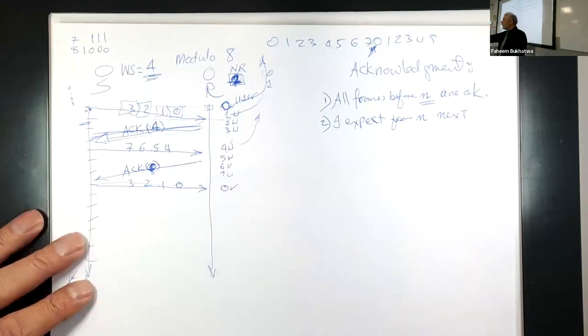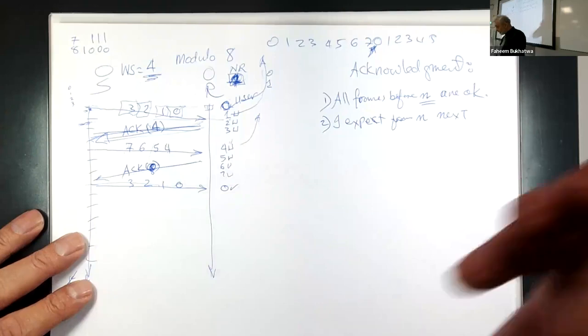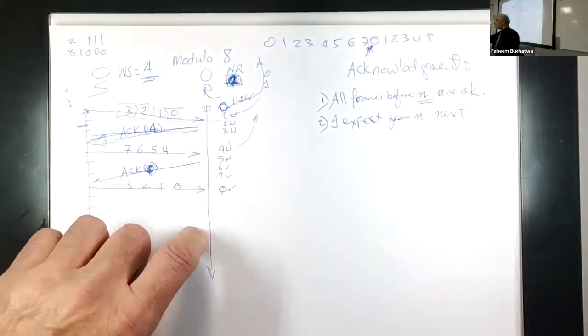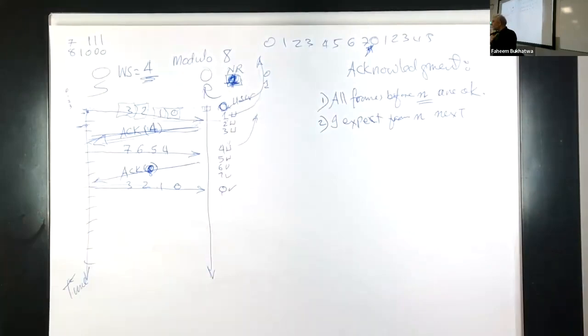What do we do with the good frame that we receive? It's the right frame. We're waiting on number 0. We got number 0, and it's good. There's no error. What do you do with this frame as a receiver? What do we do with the good frame received? You're a receiving machine.